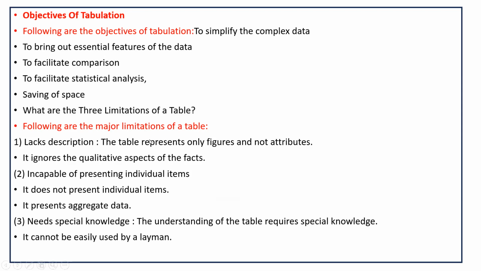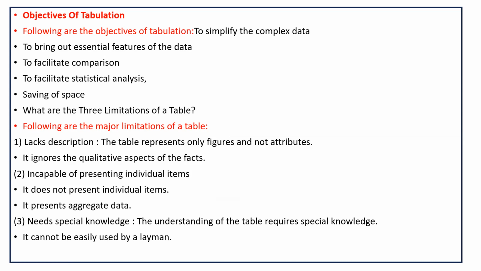The following are the three major limitations of the table. One is it lacks description. The table represents only figures, in the sense numbers, and not attributes. So only numbers will be there; you cannot add attributes there, that you can add in the text. So the description is lacking.